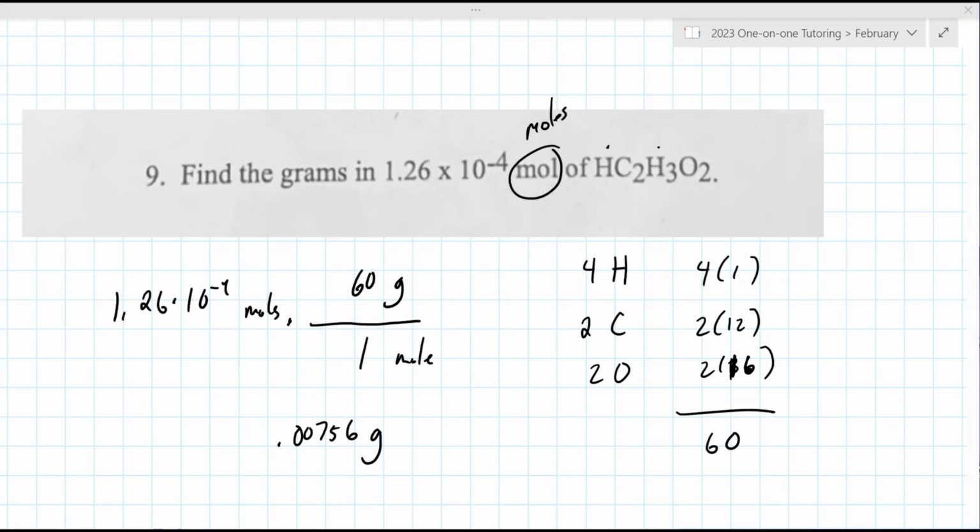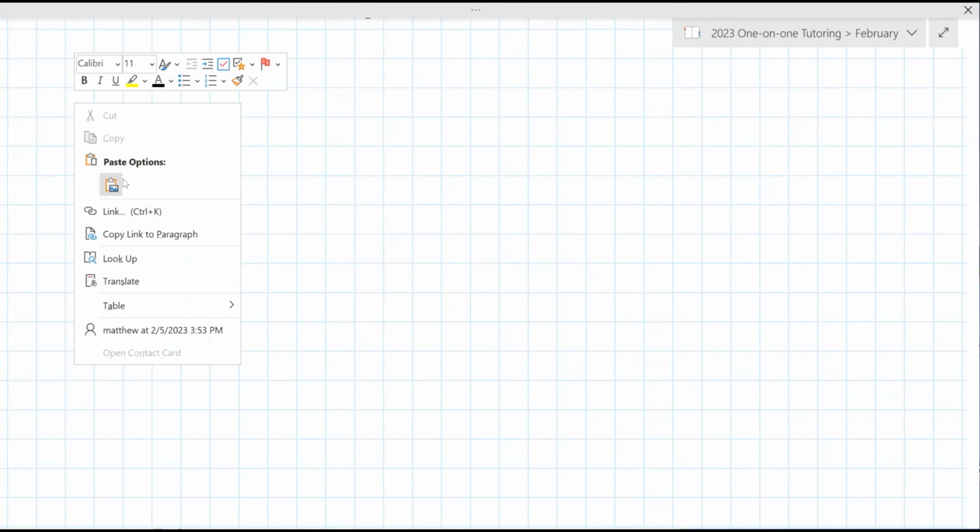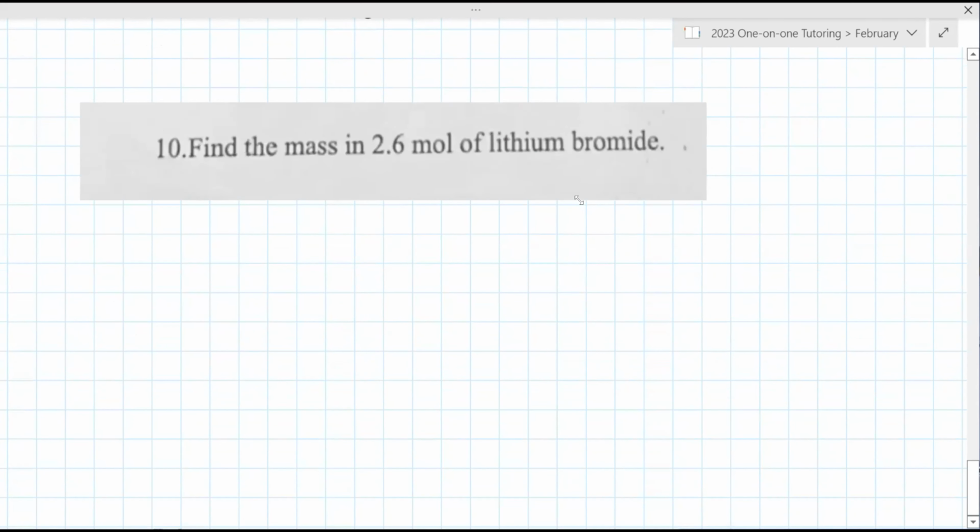So lithium bromide. Now I don't know what lithium bromide is. I guess it's LiBr. But since I'm not a chemistry expert, I would always check that that is actually what it is. Wonderful thing out there, Google. And see if that's actually what it is. You probably know, but I don't. So it looks like it is just LiBr.